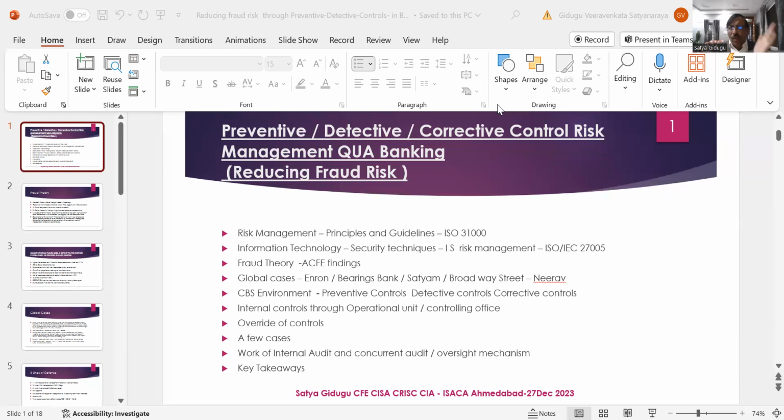Now, after the Enron incident, where management had overridden controls, the Sarbanes-Oxley Act came into force in the USA. Sarbanes-Oxley was named after members of the US Senate.